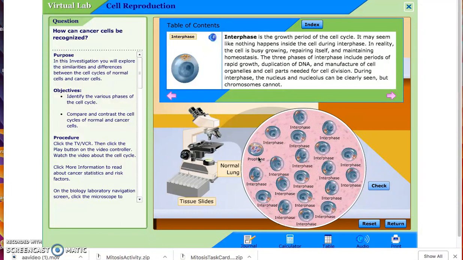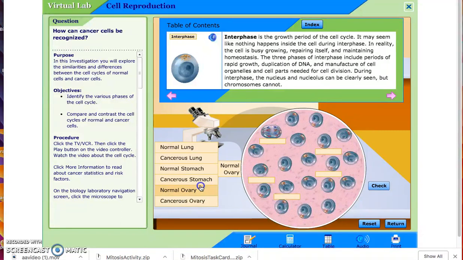So that's my percent dividing. Then I take the rest, so that would give me 19. Those that are at rest are in interphase. So I'm going to say 19 divided by 20 times 100, which would give me 95%. Okay? So once you've done one cell, then you're going to change your tissue slide and do the next cell.